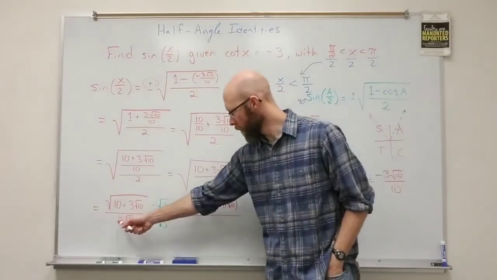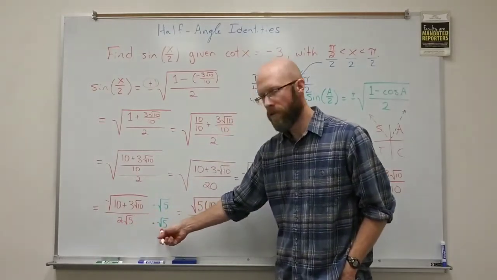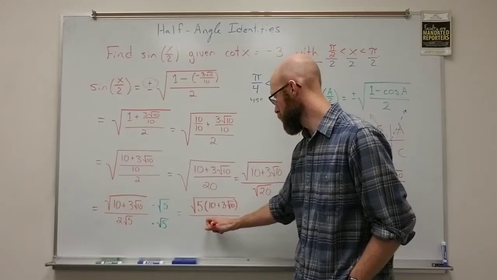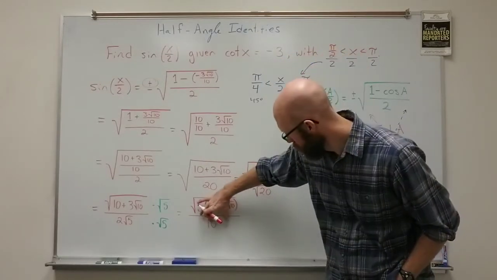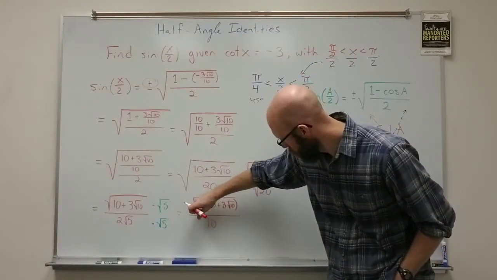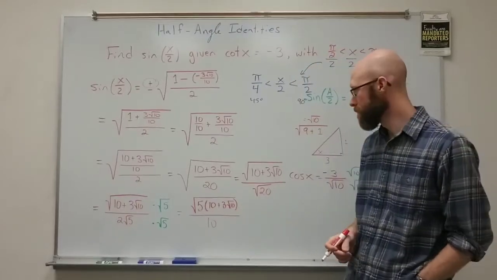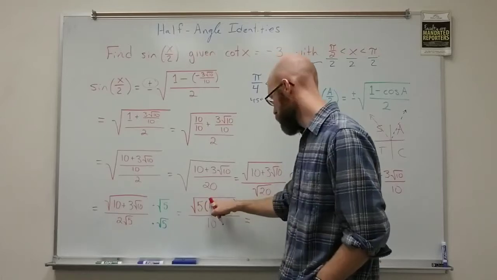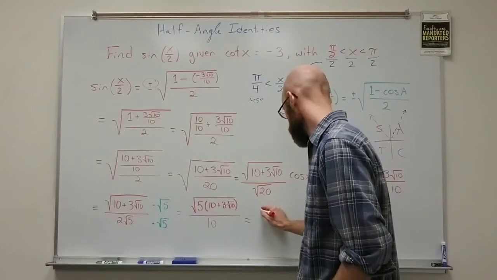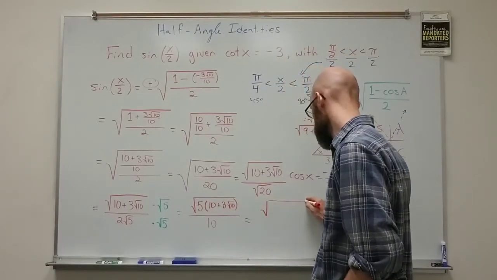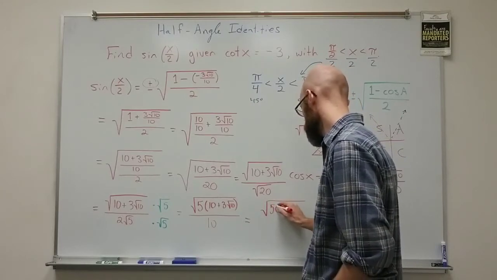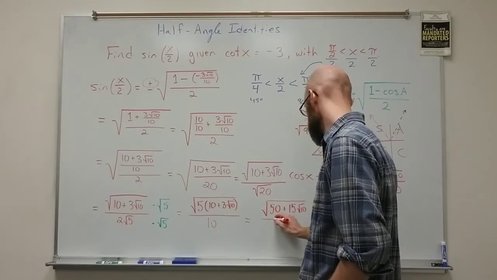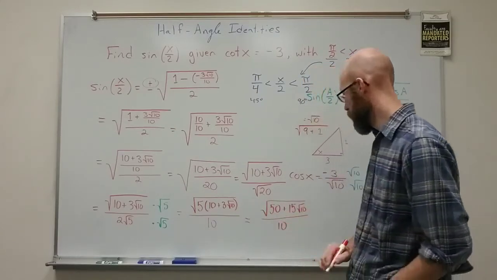And then on the bottom, I've got root 5 multiplied by the 5 times 2. 5 times 2 is simply 10. So I got a 10 on the bottom. I could distribute that 5 through. So ultimately, we're looking at the square root of 50 plus 15 root 10 all over 10.